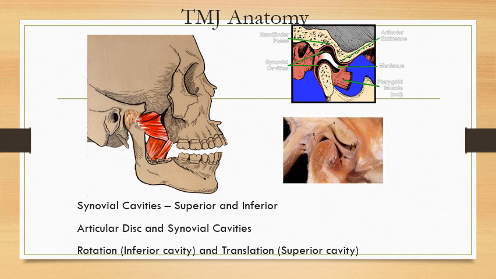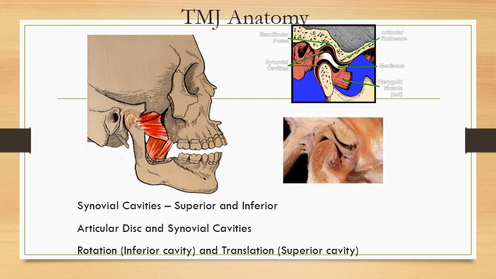The uniqueness of the temporomandibular joint as compared to other joints is the presence of the articular disc. Other synovial joints usually have hyaline cartilage, while the temporomandibular joint has fibrocartilage in it.